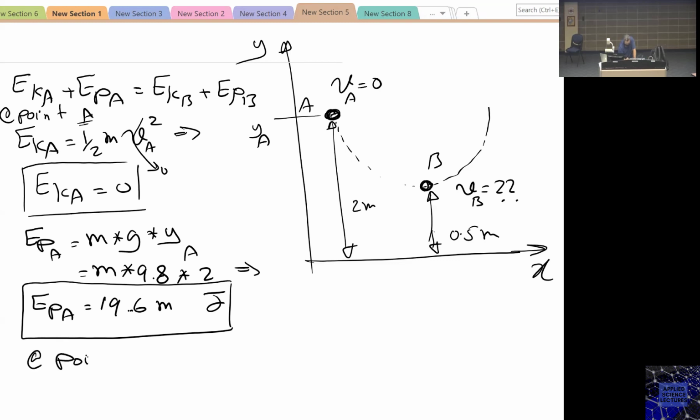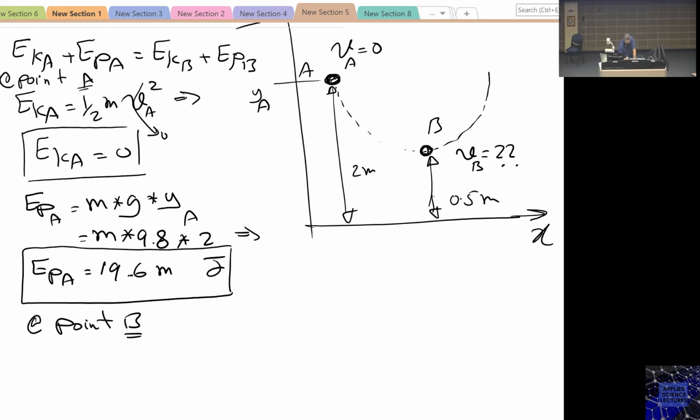At point B, I have EKB equals half m vB squared, and this is what I want. This is joules.